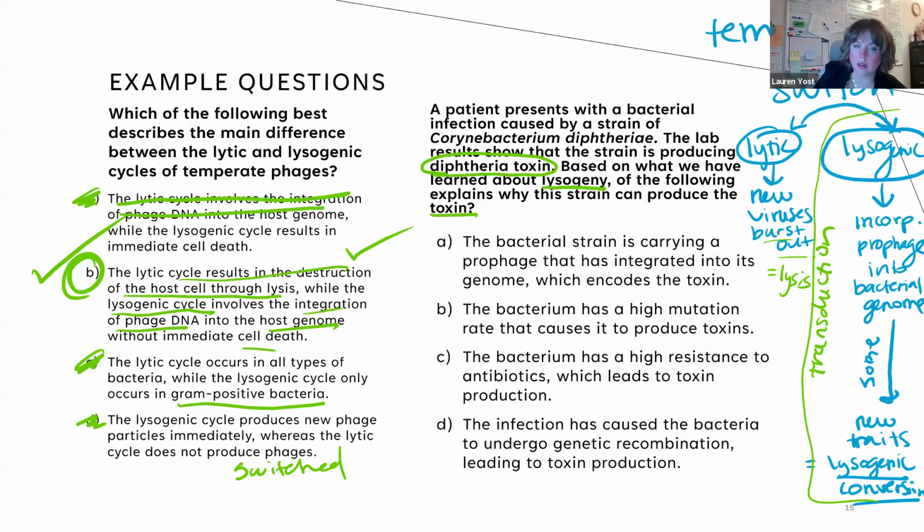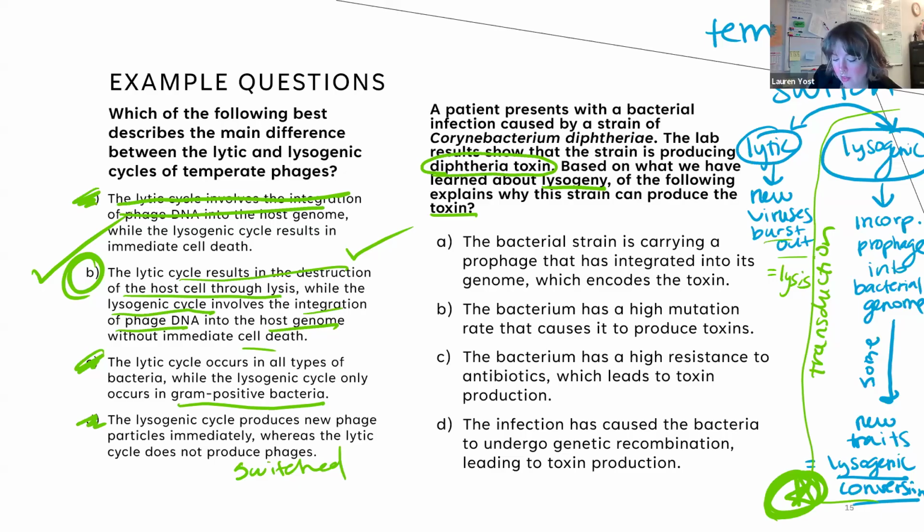This is suggesting, and again, if this is an exam question, I would give you a little bit more information about this. But based on what we learned, this sounds like lysogenic conversion. That a virus gave this bacteria the toxin genes.